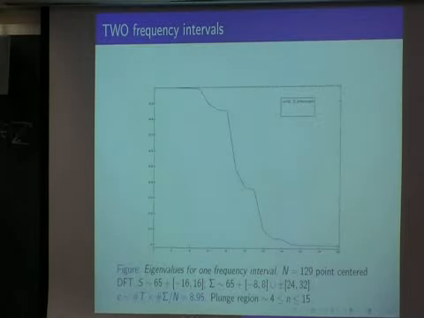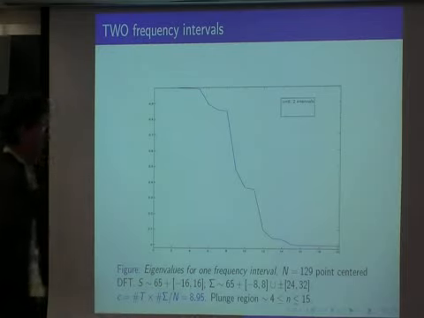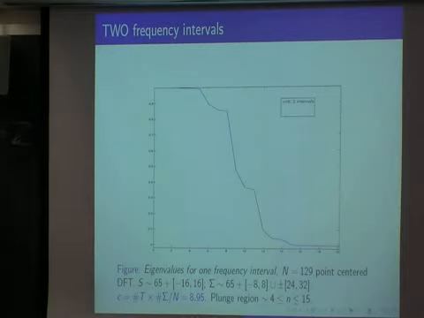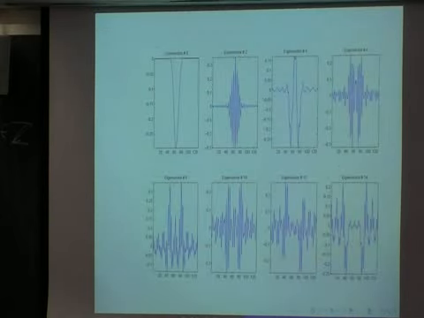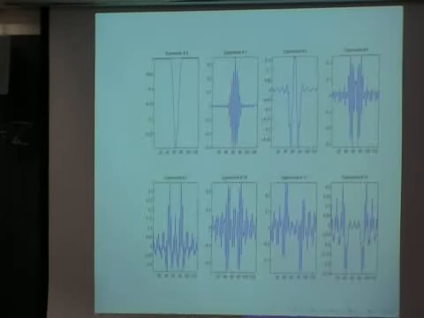Now you can start experimenting with multiple frequency intervals, and that's what the spectrum looks like. If I take 129, I don't want to go into why I have 129 here and 128 there. But now I have two frequency intervals, and the spectrum is a little bit more irregular, the eigenvalues. And those are the corresponding eigenvectors.